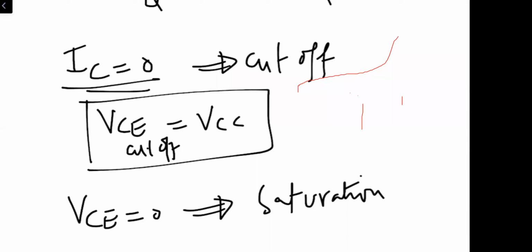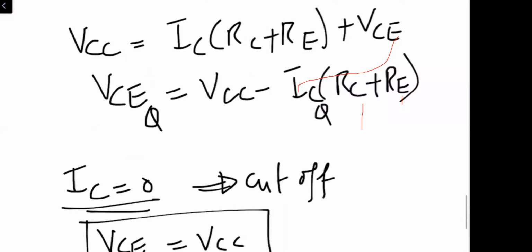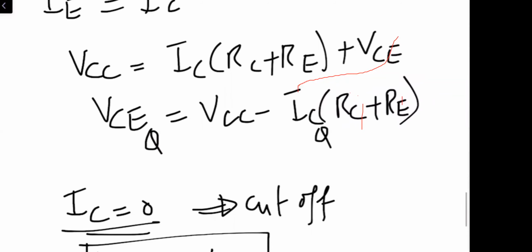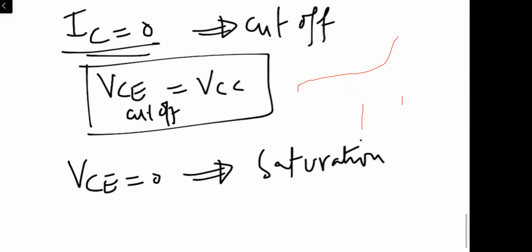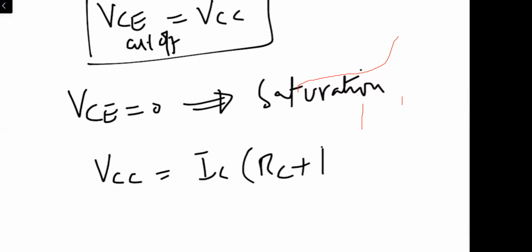At that specific point, putting VCE equal to 0 in the same equation above, it will become VCC is equal to IC into RC plus RE.